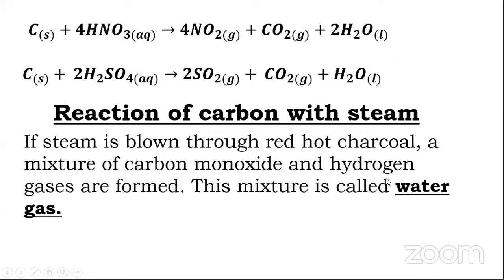Normally this one comes in paper 1 in objectives, where they ask you which of the following gases form a water gas. So that would be hydrogen and carbon monoxide. So these two form what we call water gas.